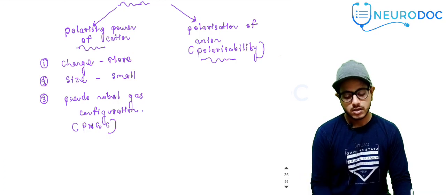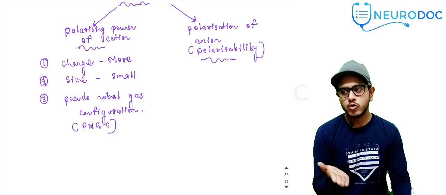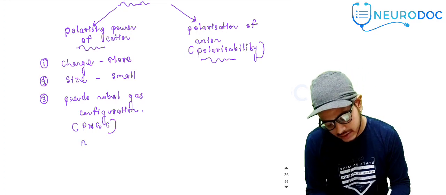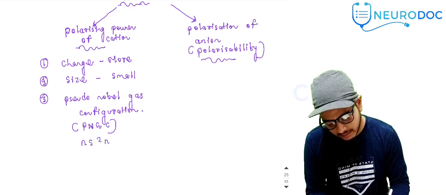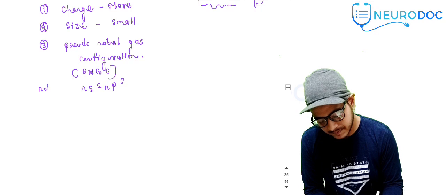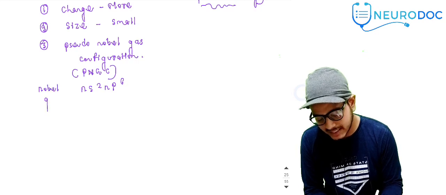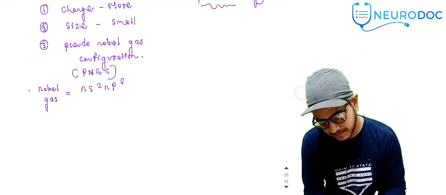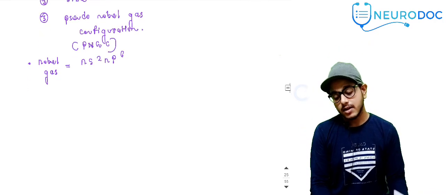pseudo means false. Generally, you know that a noble gas has a configuration of ns2 np6. These are noble gases. A noble gas atom has a configuration of ns2 np6. Right.